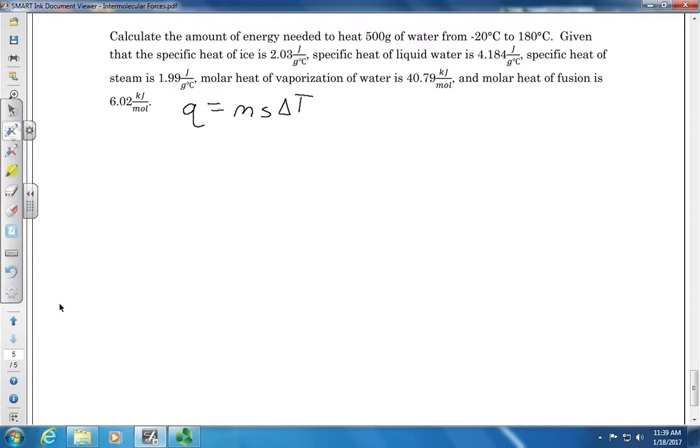Okay? So the first thing we're going to do, we're going to call this Q sub 1. There's going to be 5 Qs in all of this.